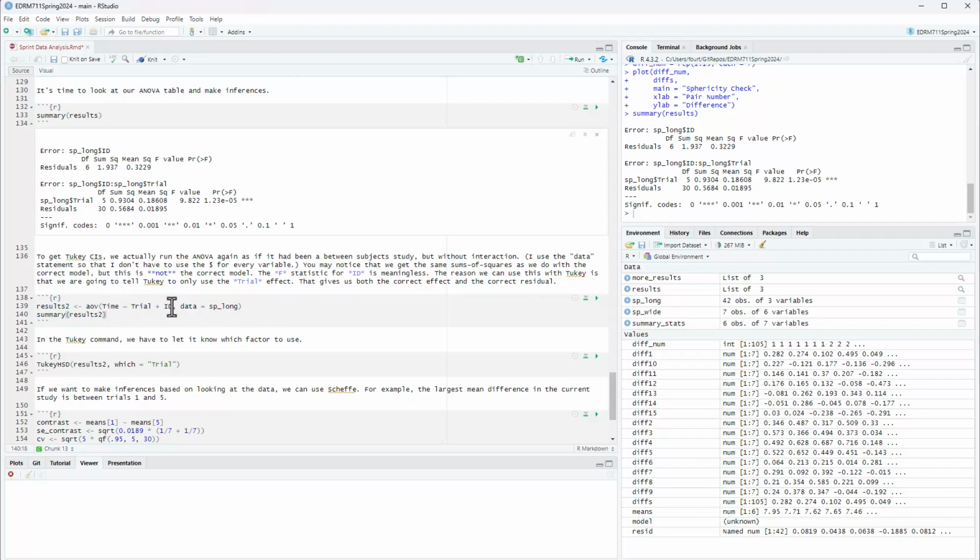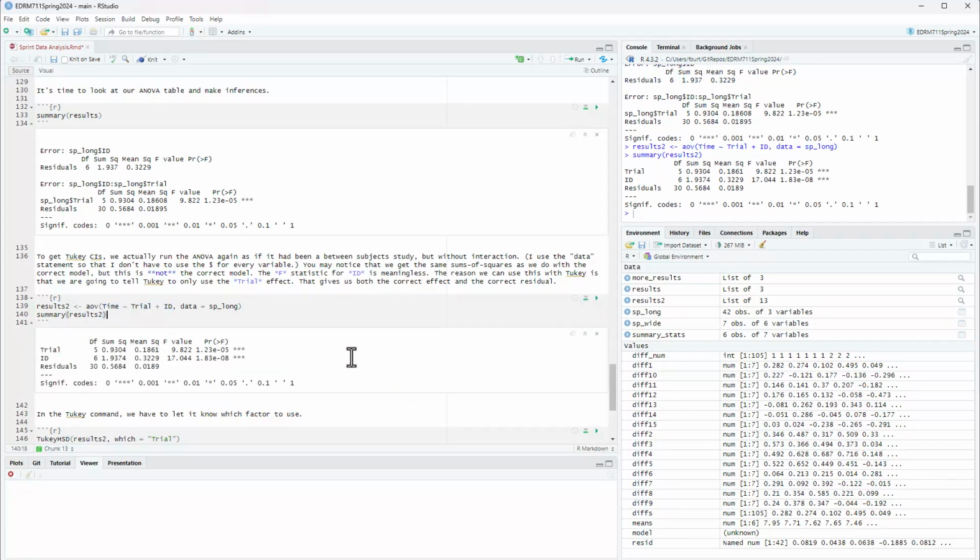Of particular note is that I'm putting in both trial and ID. Remember, in the long format, we set those up as factors, but I'm not putting in an interaction. You do not want to put in an interaction when you are using this kind of design. So let me go ahead and run this, and let's look at this table.